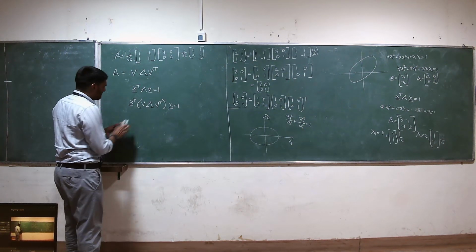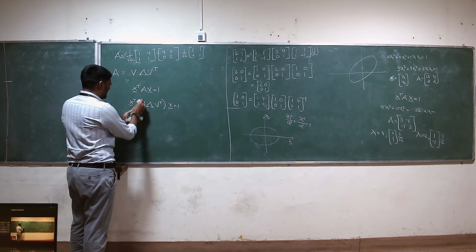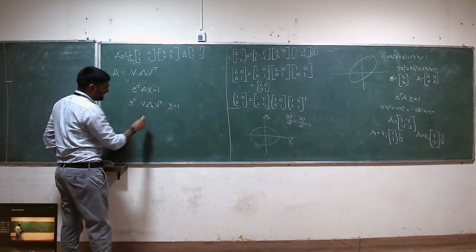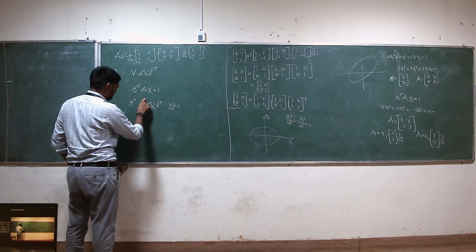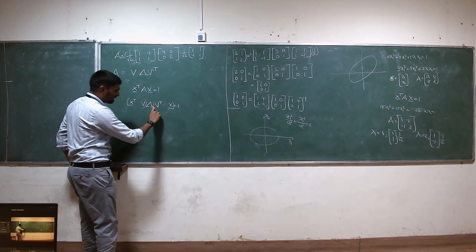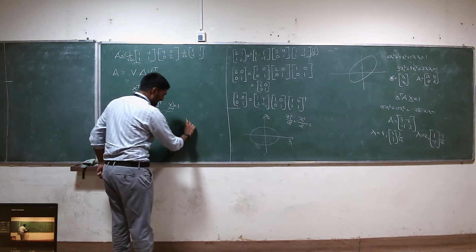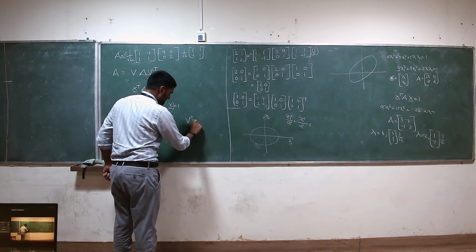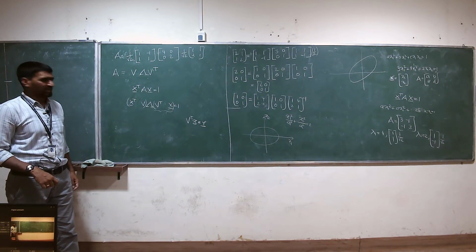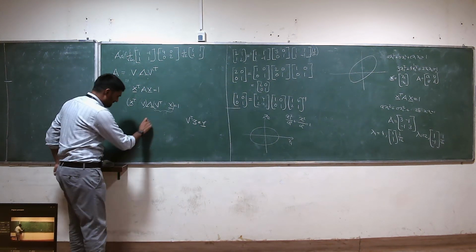Now, if I take the parenthesis out, and let's say I combine these two together, and I call capital V transpose X to be, let's say, Y. Then what is this?